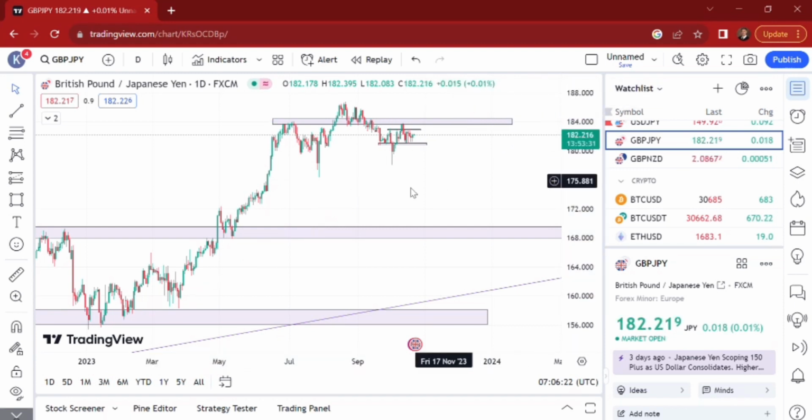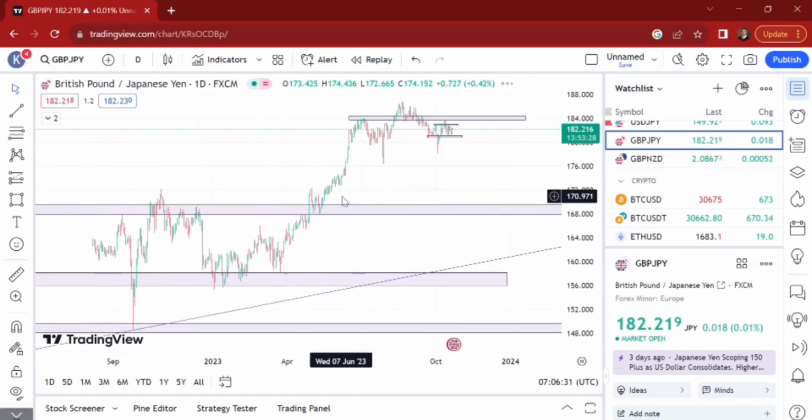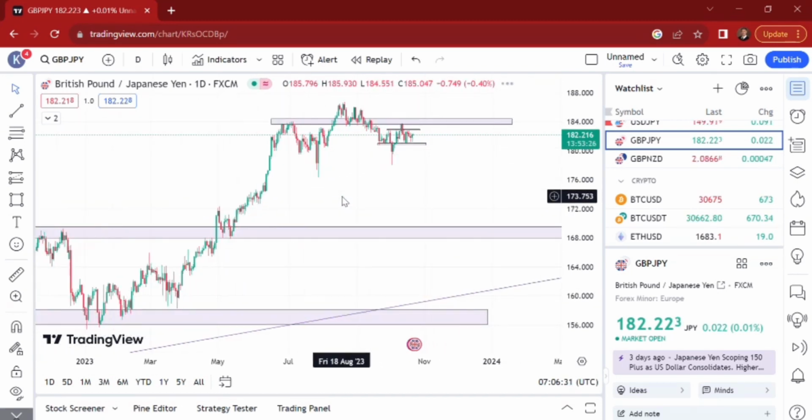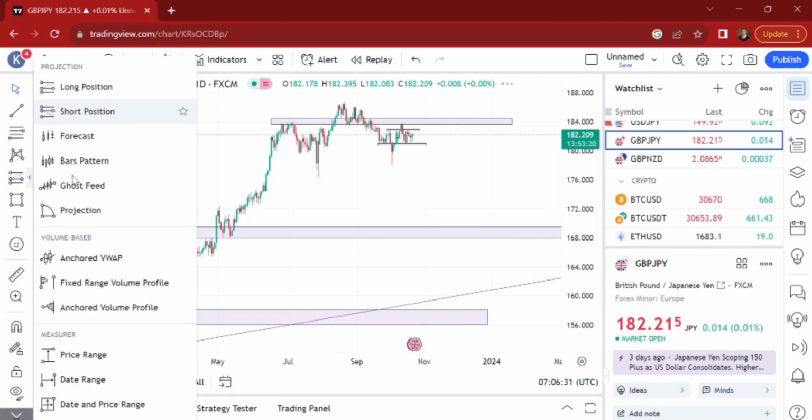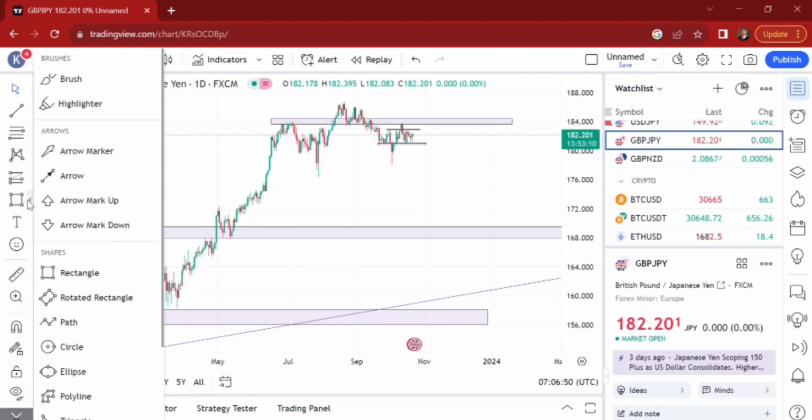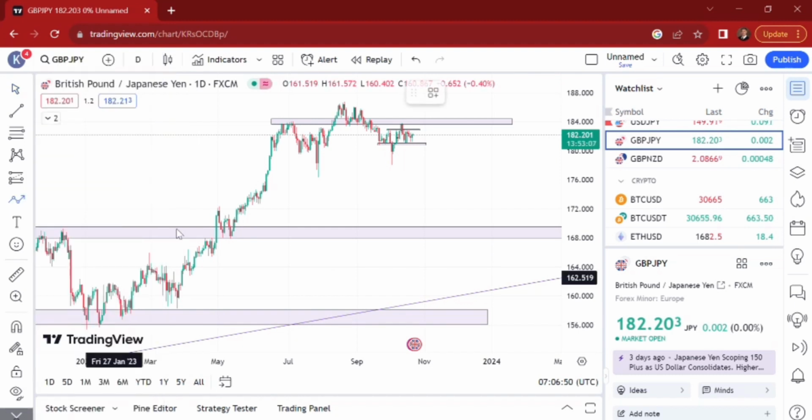But now we can see a chart pattern formation. I've talked about this before. We can see a chart pattern formation forming here, and I told you guys that whenever you see a chart pattern formation, it's most likely to be a reversal pattern. Let me show you my other class.